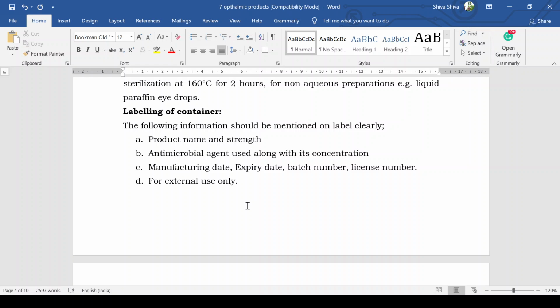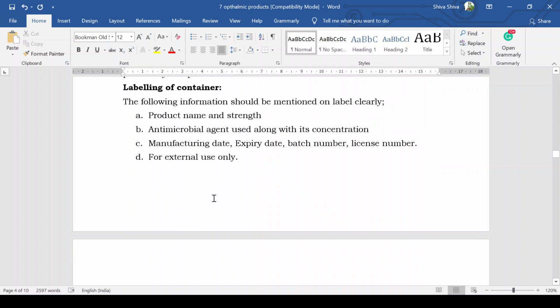Then the antimicrobial agent used along with its concentration, manufacturing date, expiry date, batch number, license number, and one more important thing which should be present on the label, that this product is for external use only.